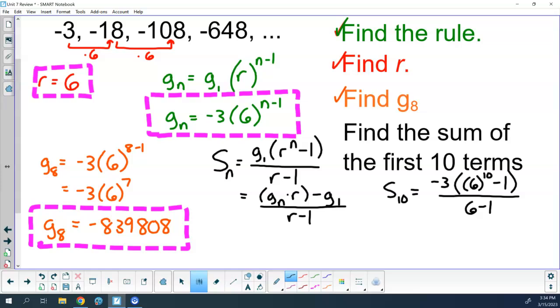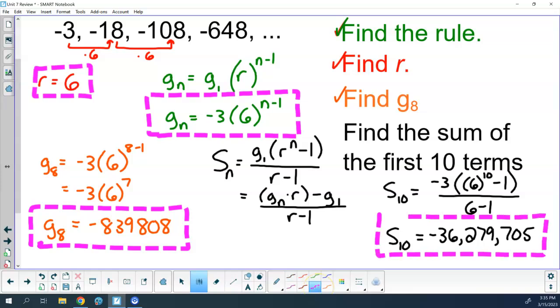And then I divide it by 5. And I get the sum of the first 10 terms is negative 36,279,705. Again, those can get real big, real fast. And there we go.